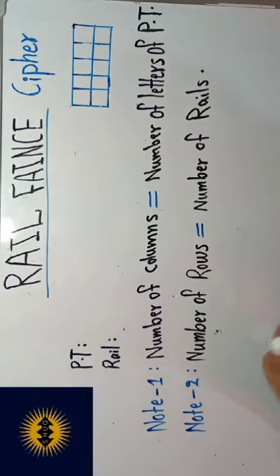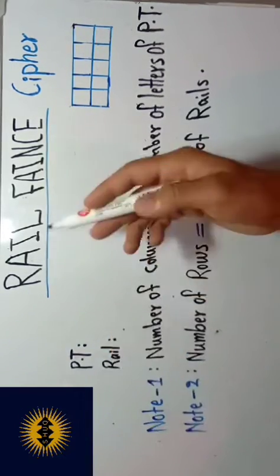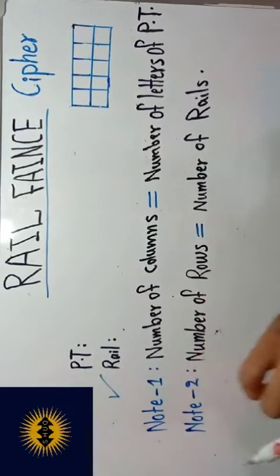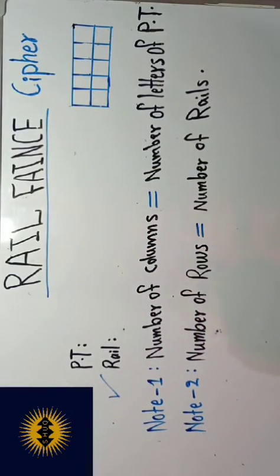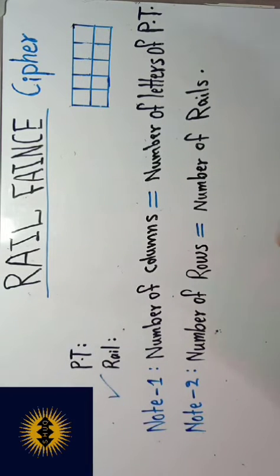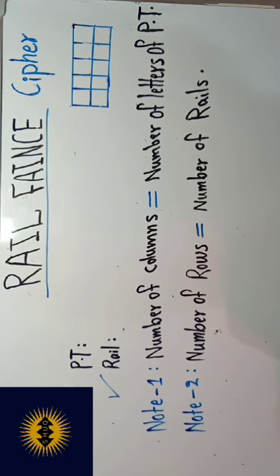The next is the rail, or the number of rows. So plaintext and rail are the main things that are very important for doing encryption in Rail Fence Cipher.